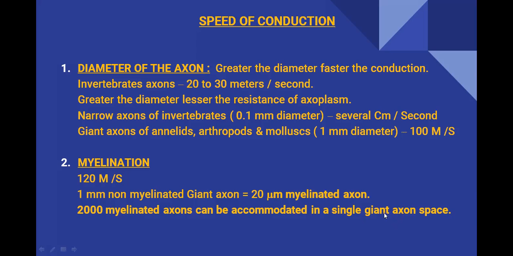Even though these giant axons occupy bigger spaces than myelinated axons, in practice they are almost equal to myelinated axons in sending nerve impulses speedily.